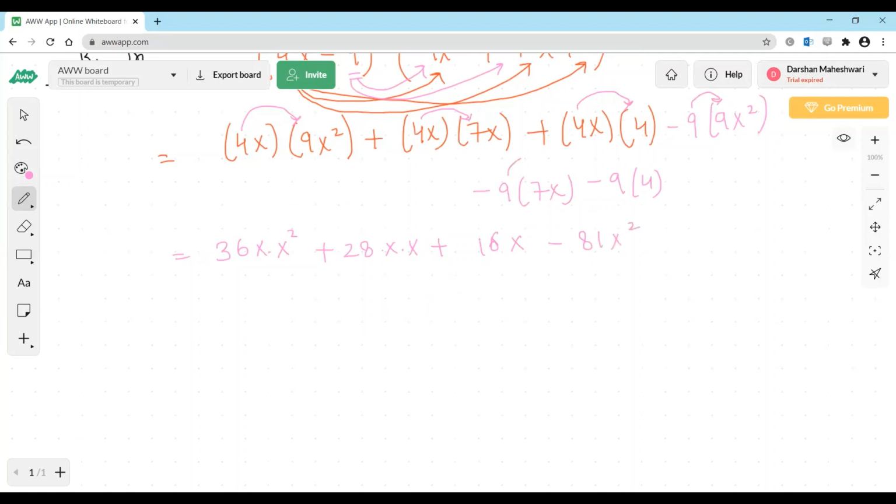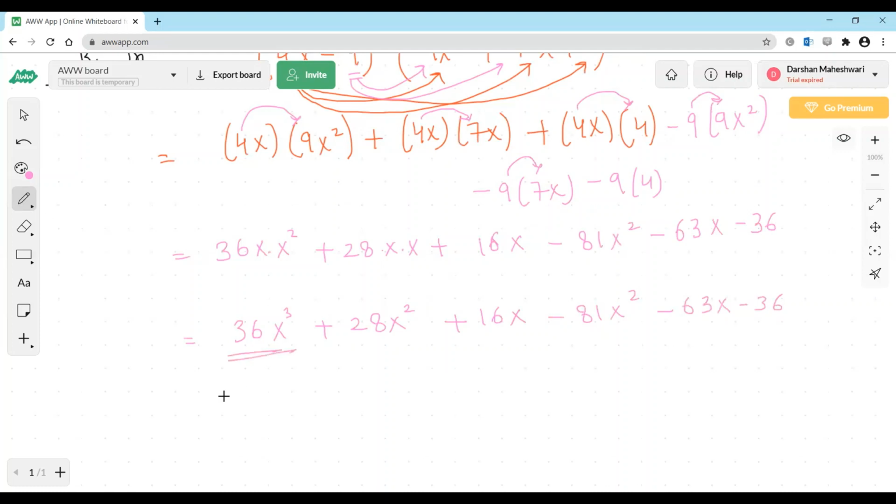Then we have 9 times 7 is 63 and x is as it is, and 9 times 4 is 36. So this becomes 36x³ + 28x² + 16x - 81x² - 63x - 36.